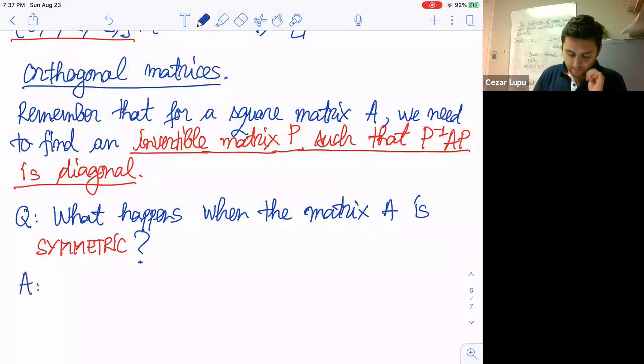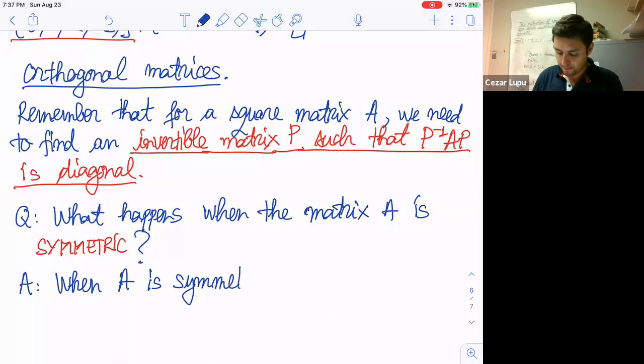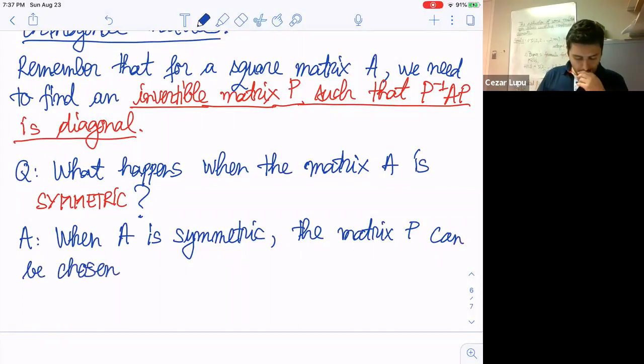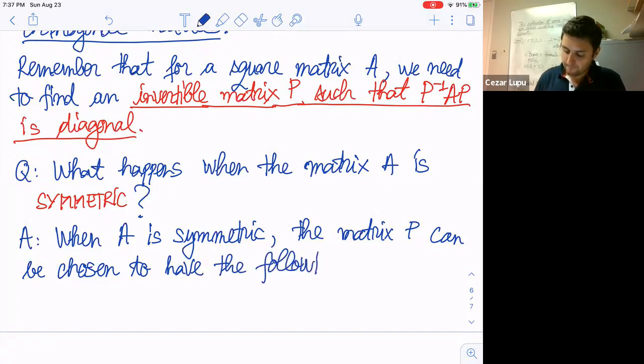Well, the short answer is when A is symmetric, the matrix P can be chosen to have the following property, and we'll see what this special property is all about.